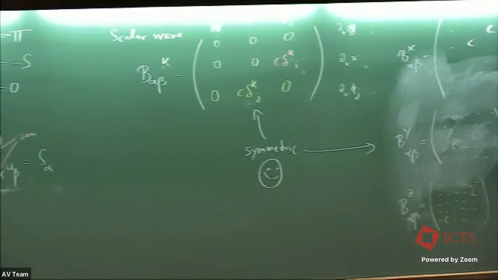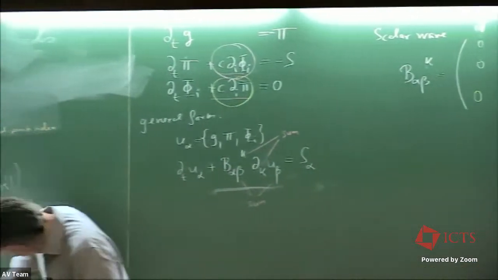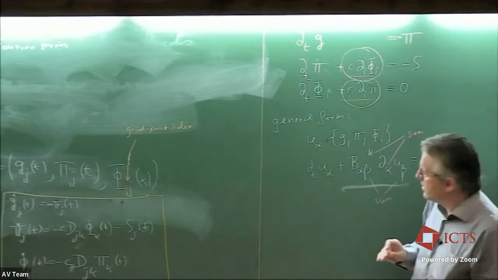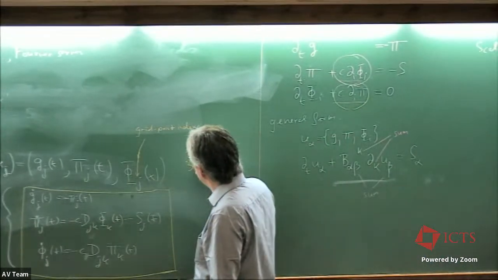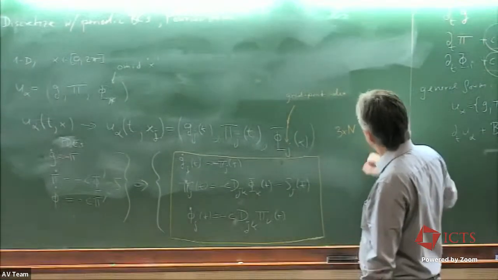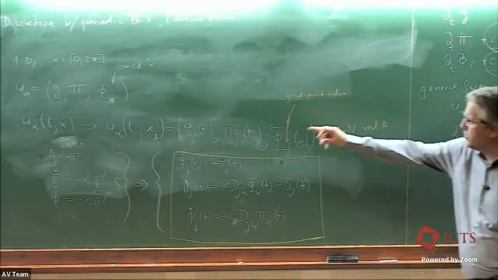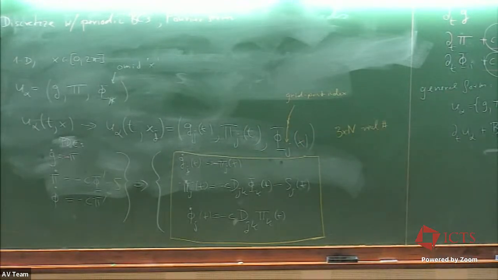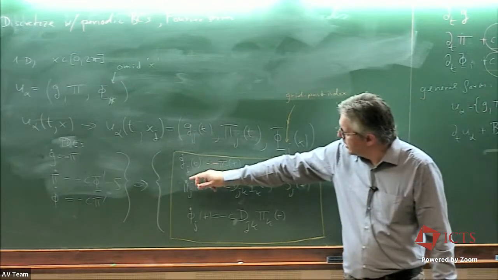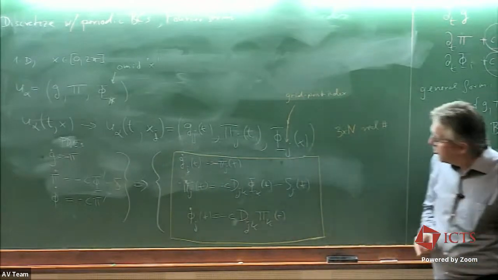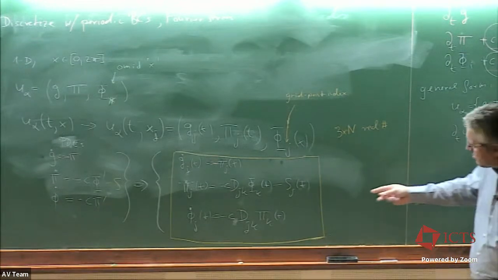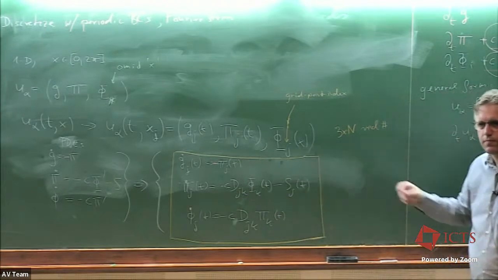This set of equations here that we have discretized in space has now a finite number of degrees of freedom, namely 3 times n real numbers. Three for g, pi, and phi, and n the number of grid points. And so what we have here are equations that tell us on the left-hand side the time derivatives of each of these 3 times n numbers as some combination of all these numbers itself.